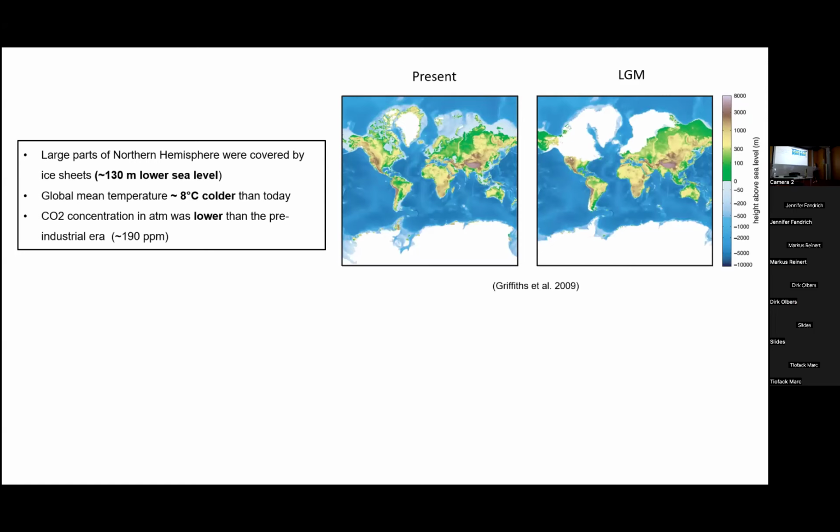Because of this, sea level was almost 130 meters lower for the LGM conditions, the global mean temperature was approximately 8 degrees Celsius colder than today, and of course, the carbon dioxide concentration was lower than the present day.